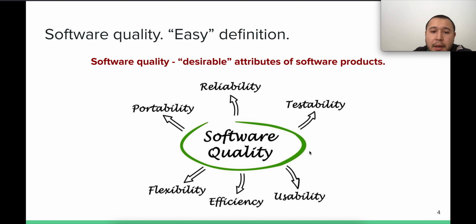So these are the attributes that clients or users would like to get from a software product. Okay, so you might have a question like, okay, Sroj, these are great attributes. How can we achieve such attributes? So I have an answer to your question.